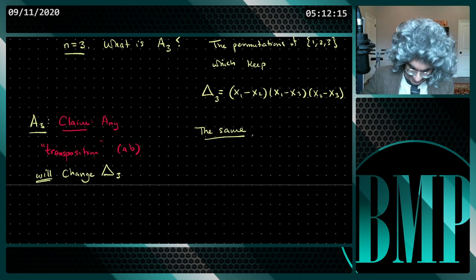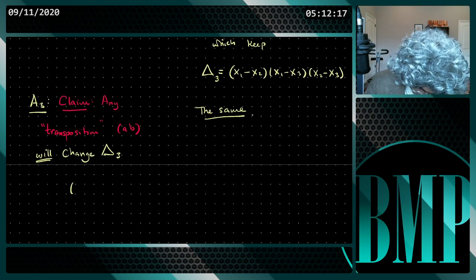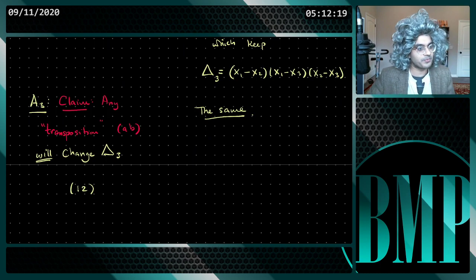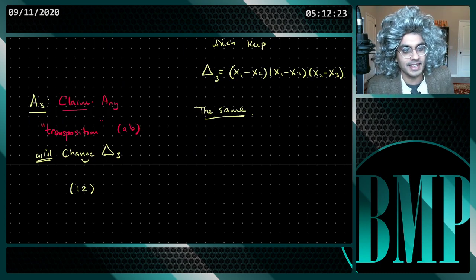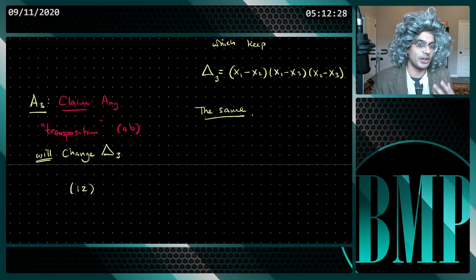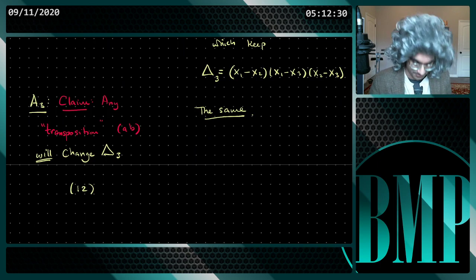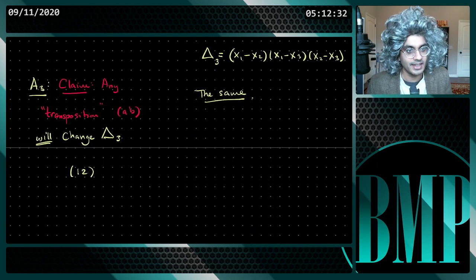Okay, let's take a look at that. So for example, (1 2). It's actually easier to see that adjacent transpositions don't do much, but you still have to squint. Look slowly at what happens here with (1 2).